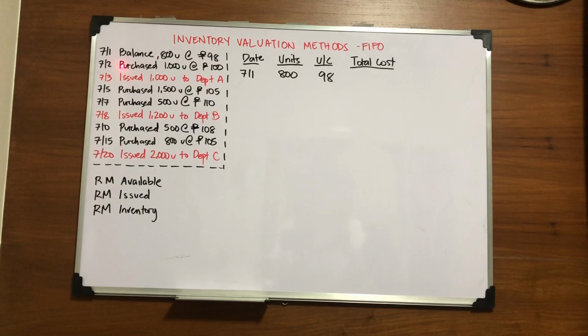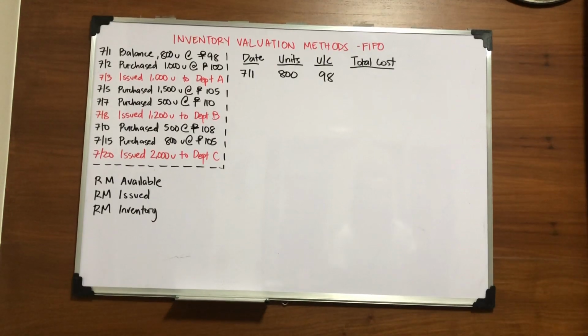And you have your purchases on July 2, 5, 7, 10, and 15, as well as raw material issuances on July 3, 8, and 20. So we would like to determine how much is the raw materials available in terms of quantity and in peso amount, as well as your raw materials issued in terms of quantity and unit and peso amounts. And last, your raw materials inventory, or your raw materials ending.